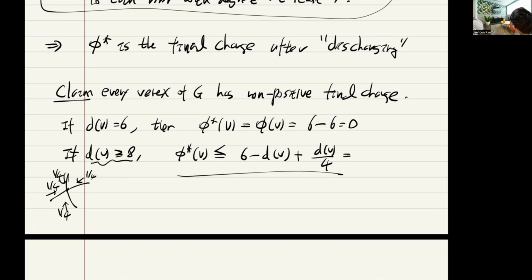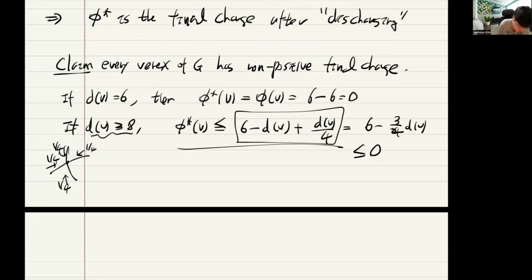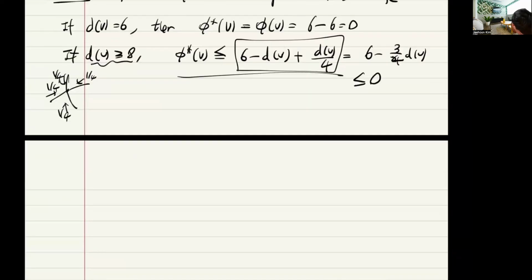Right, yeah. So this is 6 minus 3/4 of the degree, which is non-positive.